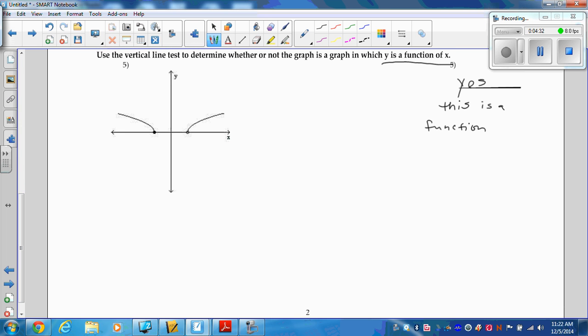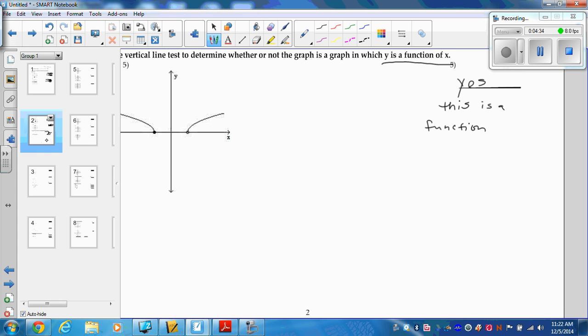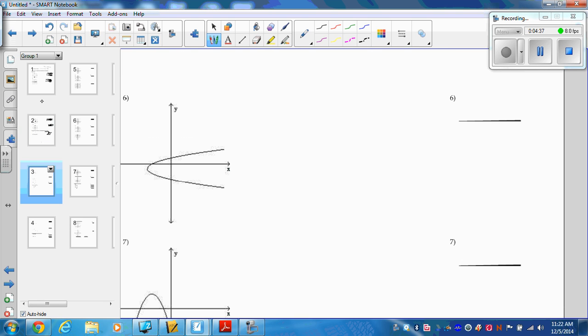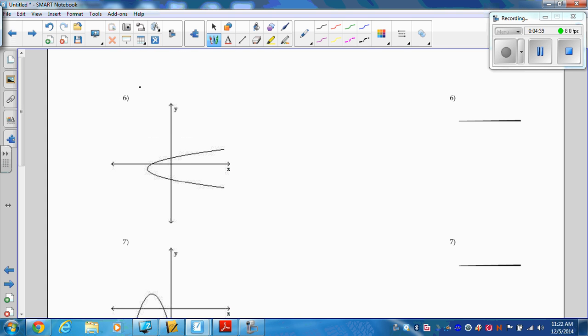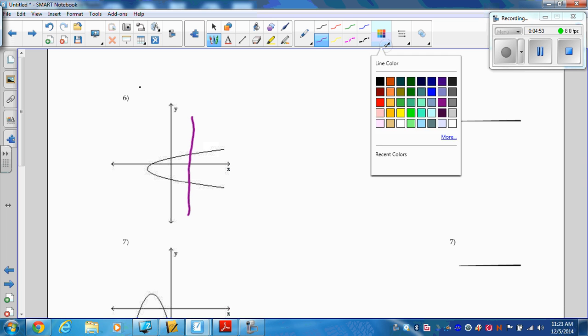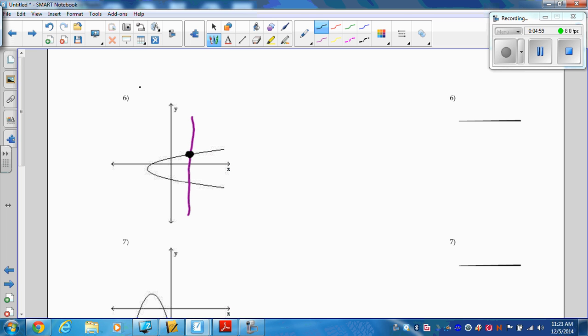So the next page. These pages are going quickly because of the graphs. So in question number 6, you can see that this is not a function because if we place our pencil across here, you can see that we have a crossing here and a crossing here.